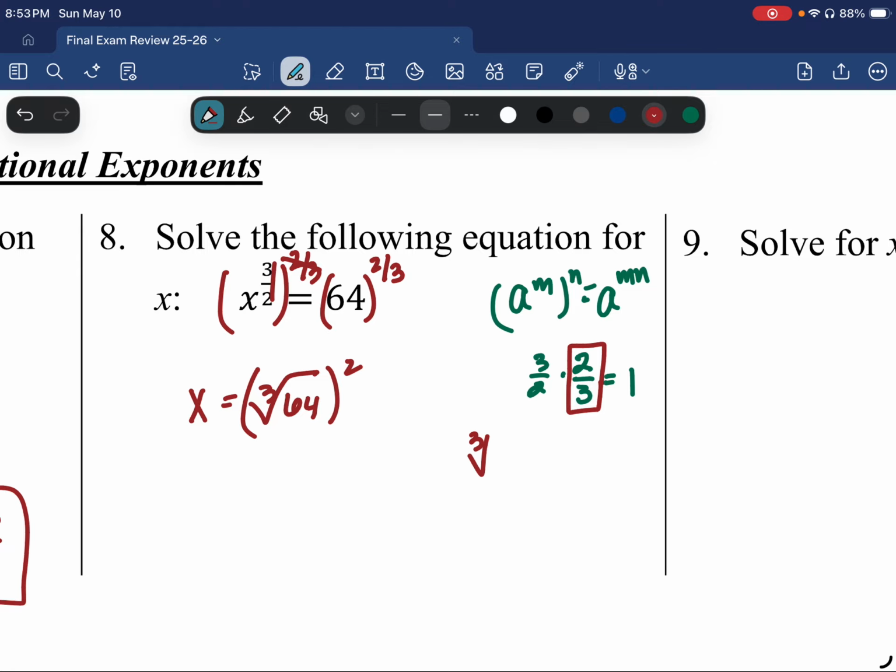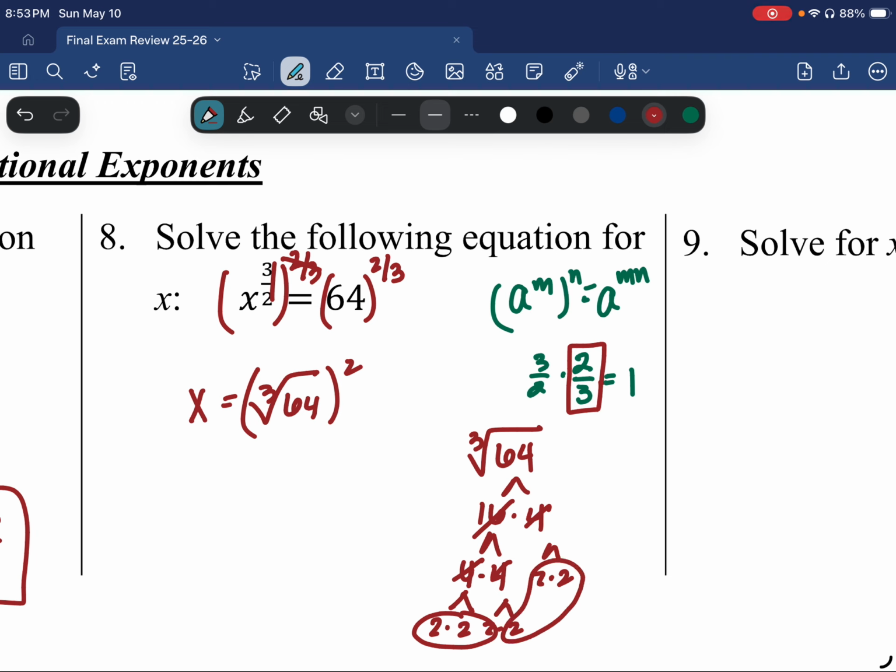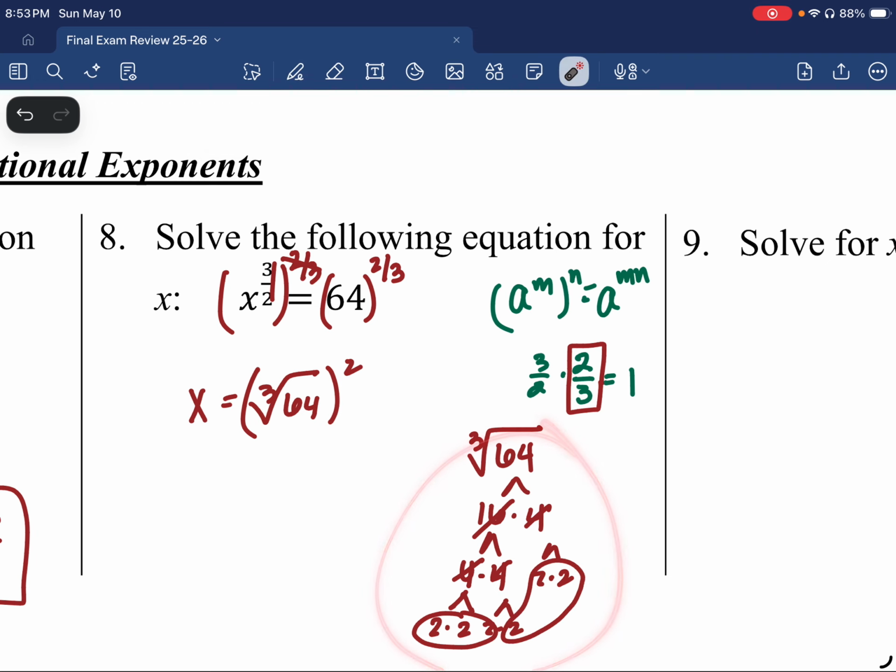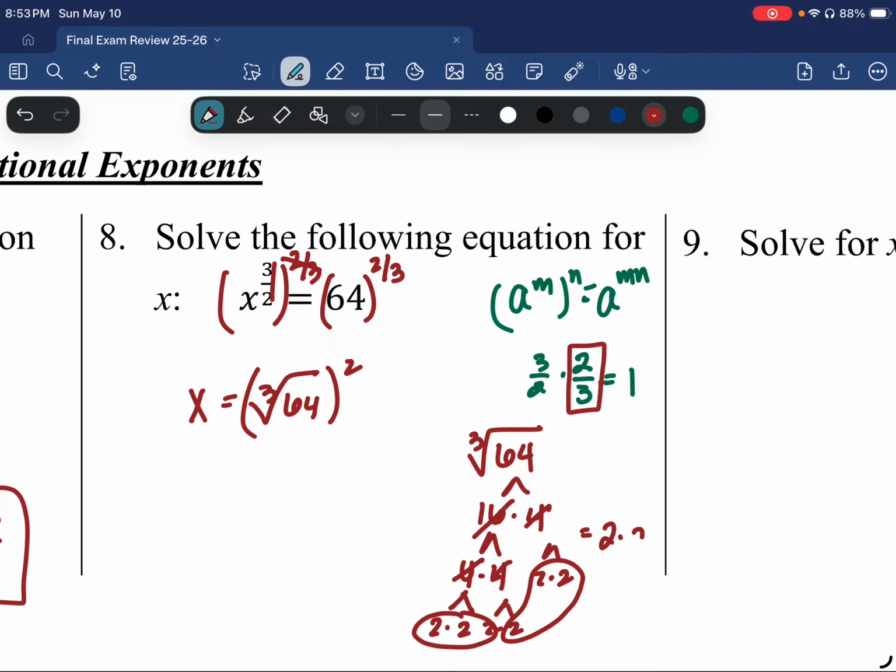If you don't remember that the cube root of 64 is 4, you can come to the side and break down 64, and try to find groups of 3 numbers all multiplied together. We see that there are 3 2's and 3 2's with no numbers left over out of a group. So this simplifies into 2 times 2, which is 4. So our equation becomes 4 squared, and that 4 squared is 16.